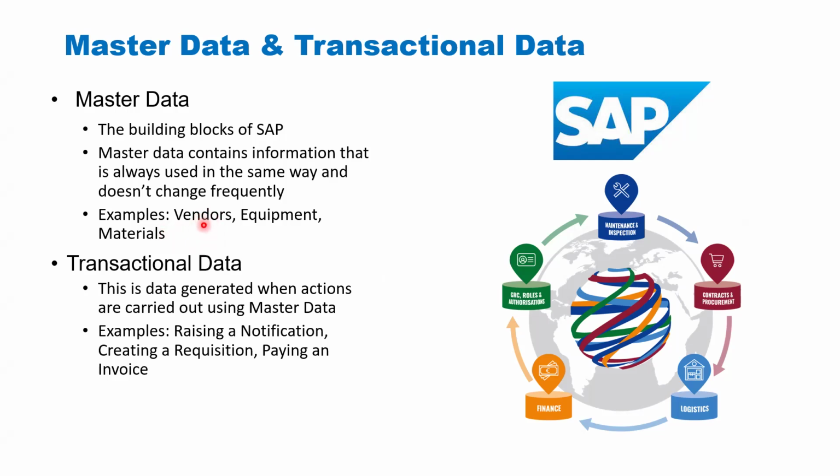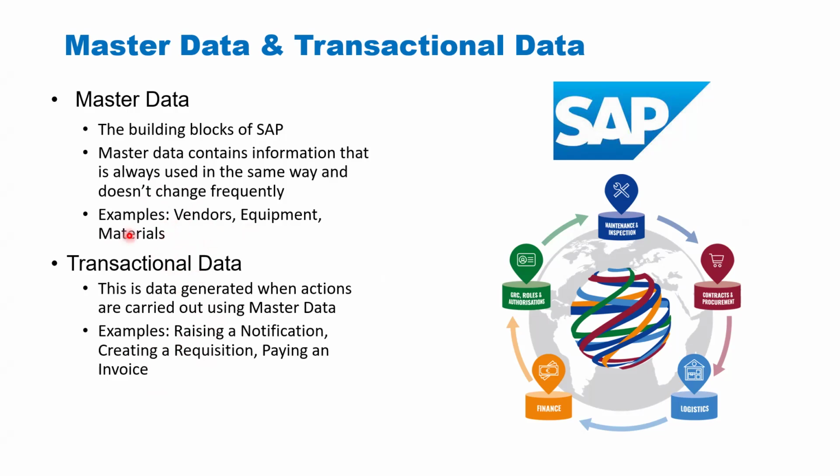And say the company has multiple vendors, right? So vendor one, vendor two, vendor three, vendor four, and these would all typically have names. The company name, like General Electric could be a vendor, for example. ABC company, right? These are all the objects or the nouns, if you will, and we call those things master data within SAP. And then what you can do with these objects are called transactional data.